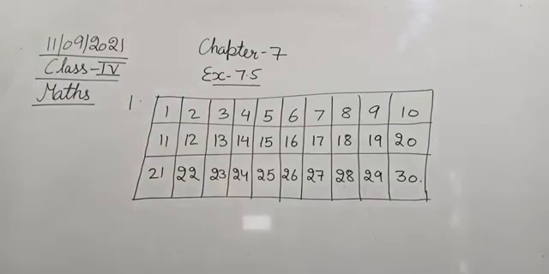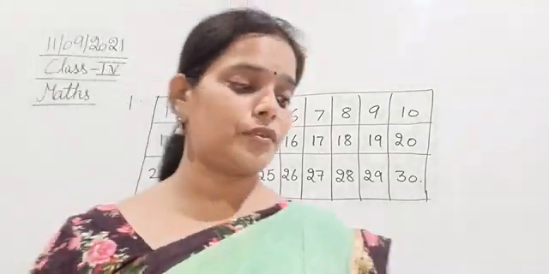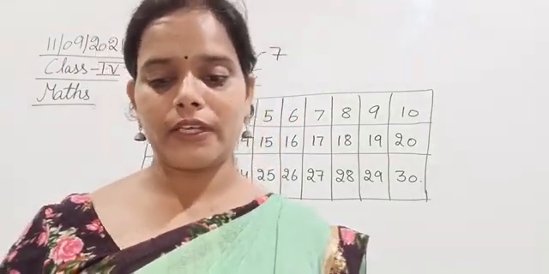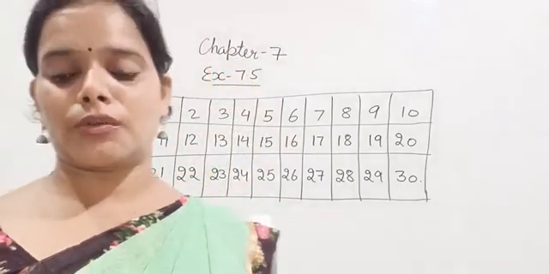So the numbers are given here. So what you have to do is tick the multiples of 3 and cross the multiples of 2 in the following grid, okay, then list the smallest common multiple of 3 and 2.